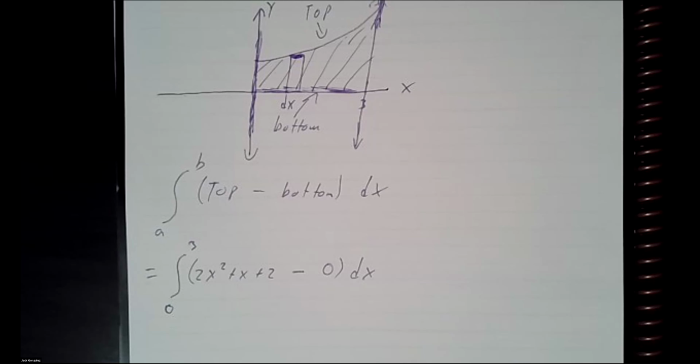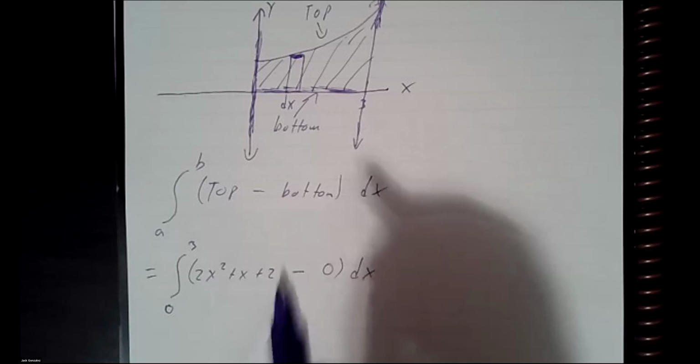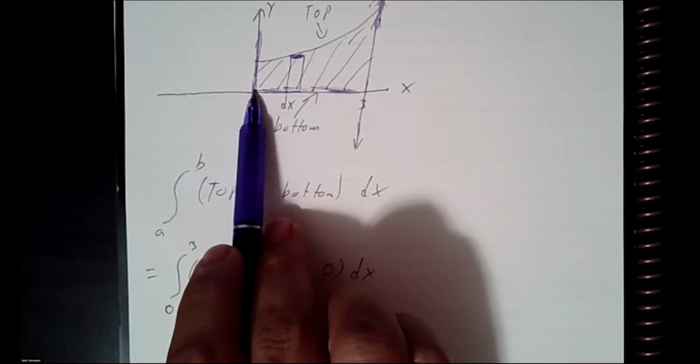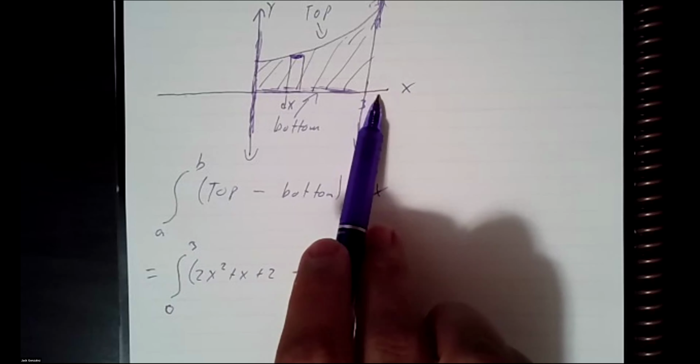So you put 3 at the top because it's x equals 3 there. One more time, you put 3 at the top because x equals 3 for that second x. We're integrating from 0 all the way to 3.